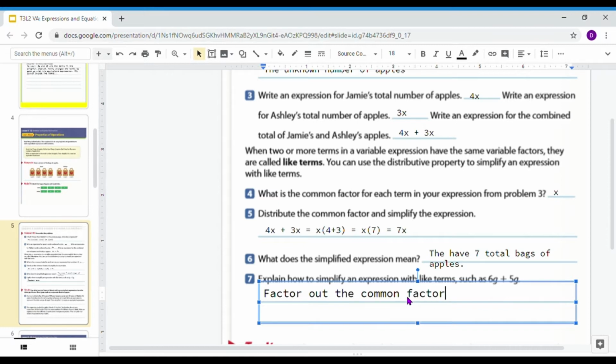In this case, my common factor is g. I have a g in both terms, and I know that I can't multiply anything to come up with 6 and 5 and have a common factor other than 1. So I'm going to factor out my common factor, which is g, and I'm going to rewrite this problem as I'm taking that g out, and I'm going to put my 6 plus 5.